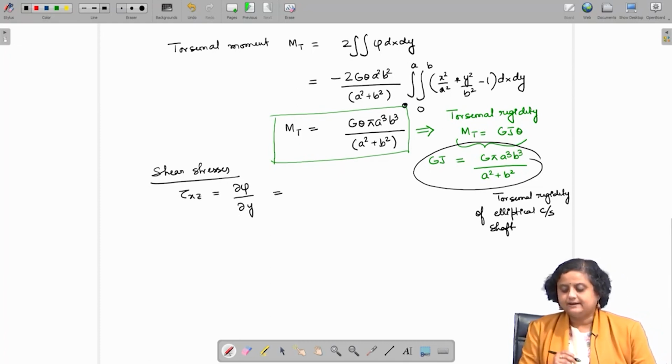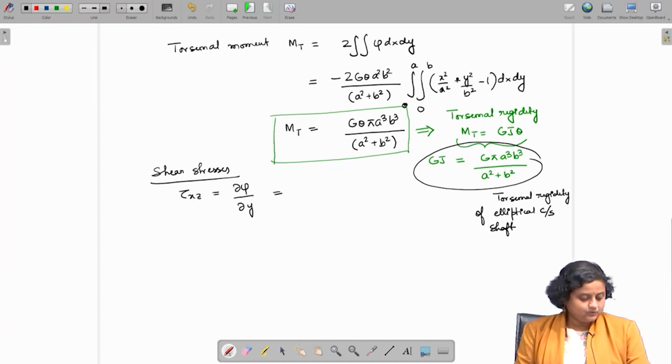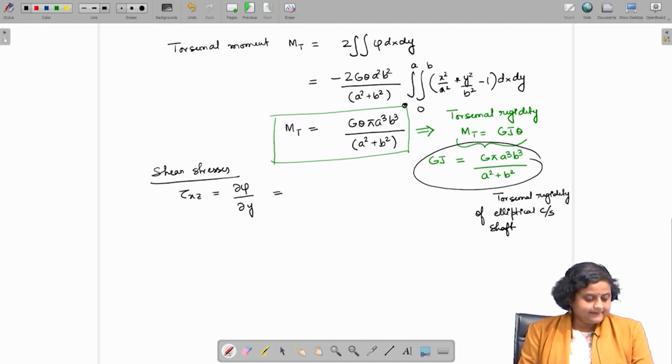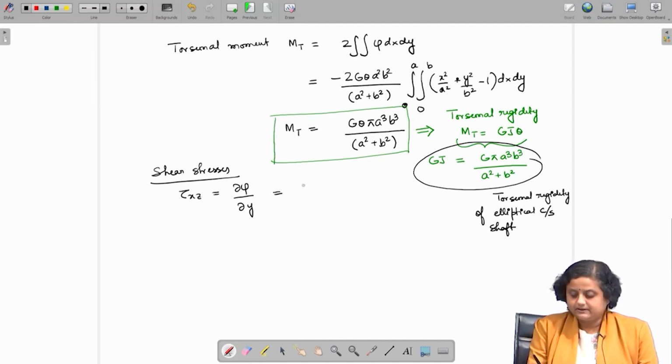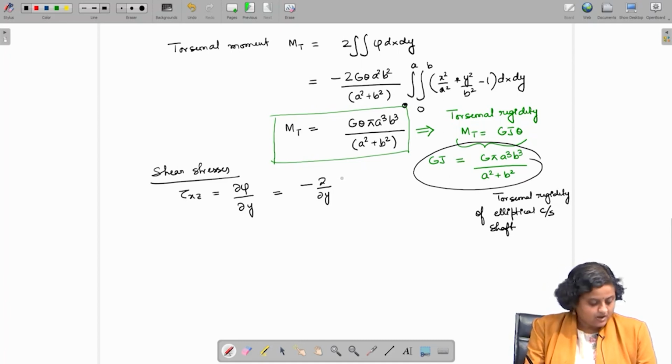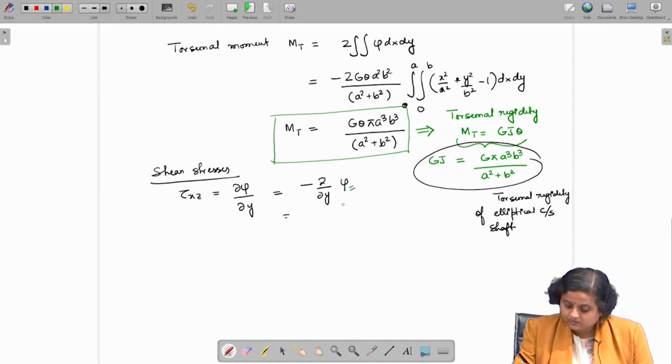So, if I know the expression for phi, then tau xz can be written as minus del by del y into phi, where phi is equal to minus G theta a square b square by a square plus b square into x square by a square.